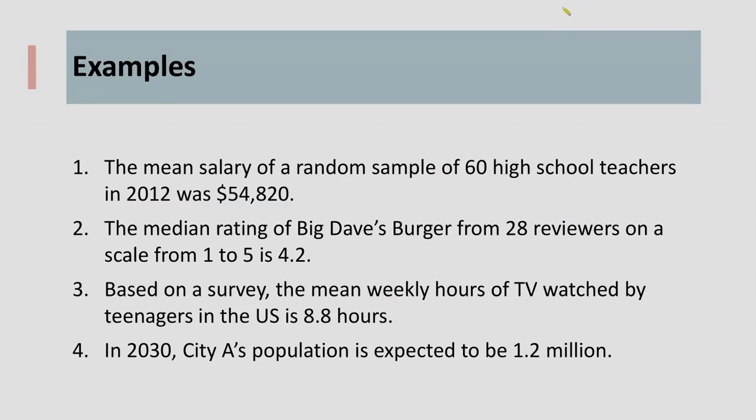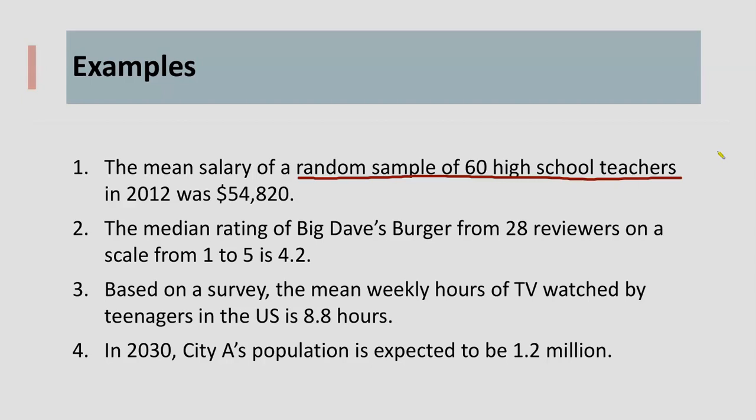All right, example 1. The mean salary of a random sample of 60 high school teachers in 2012 was $54,820. The key thing I want you to notice here is this mean salary is from a random sample of 60 high school teachers. That's the key thing.